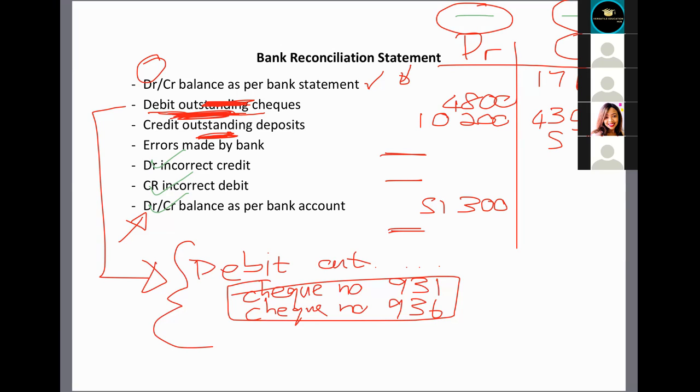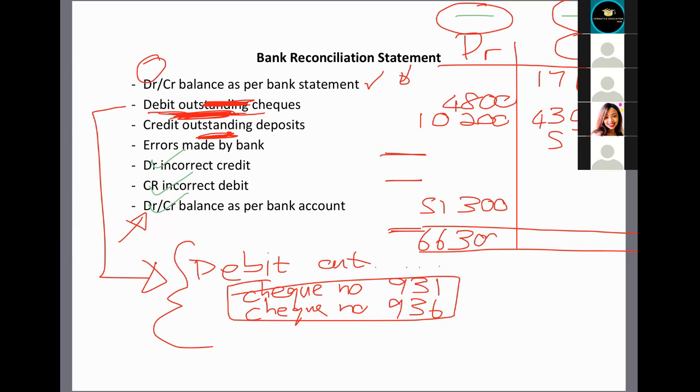And then you find your totals. So you take your 4,800 plus my 10,200 plus my 51,300. And what do you get? 66,300.